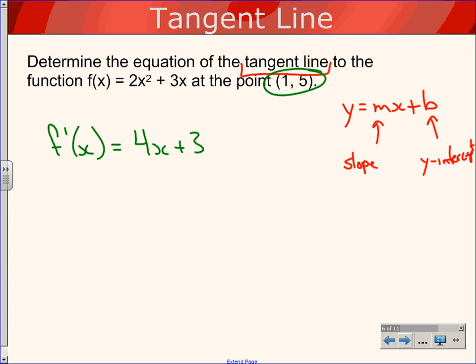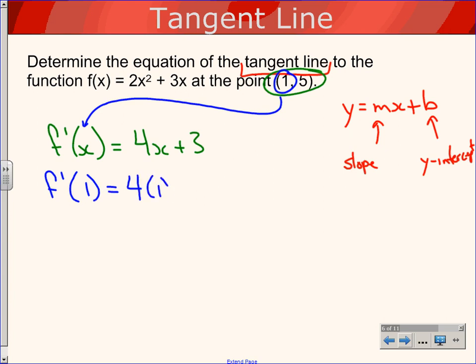Now we need to know what the slope is when x is 1, because it was the point (1, 5), right? So we're going to take that 1 and sub it in here. So f prime of 1 is just 7, and that's our m value. Right? The derivative was telling us the particular slope when x is 1. So now I can jump over here to the right-hand side. I can sub in my slope. Don't know the b value just yet.